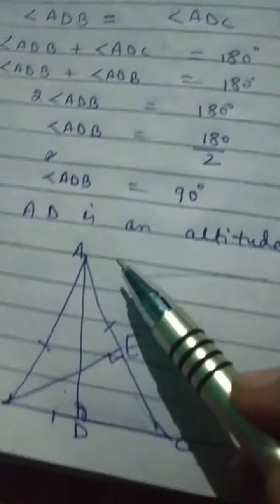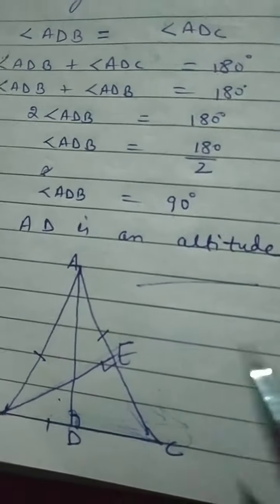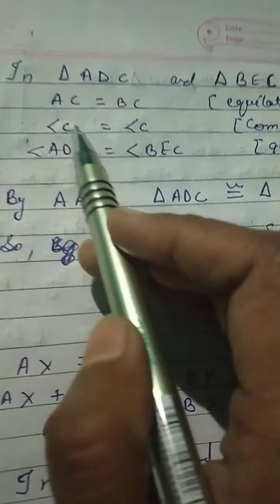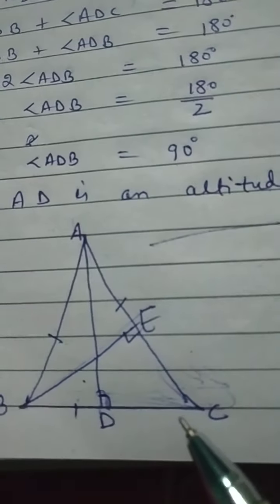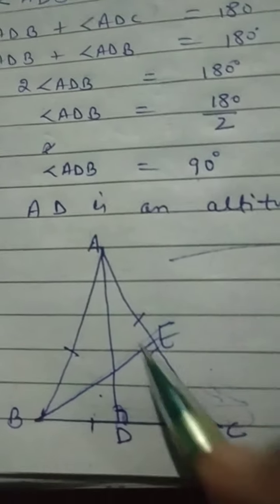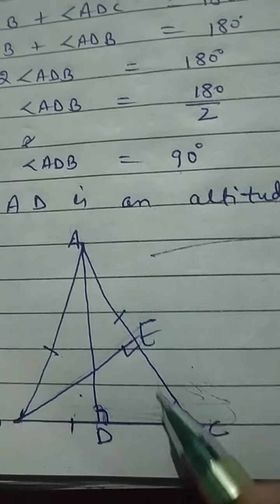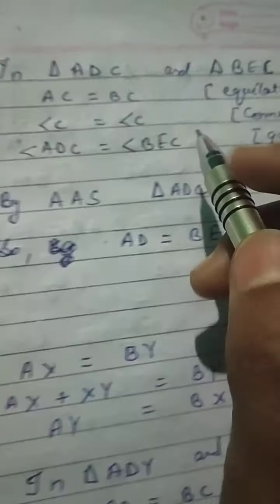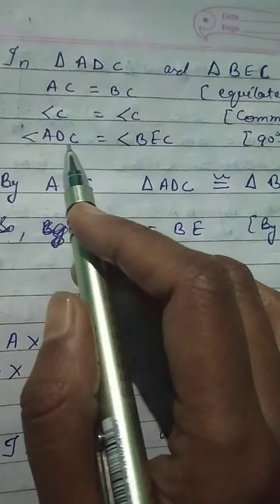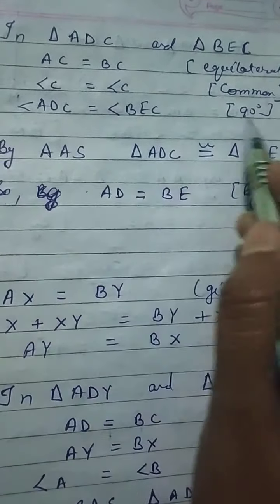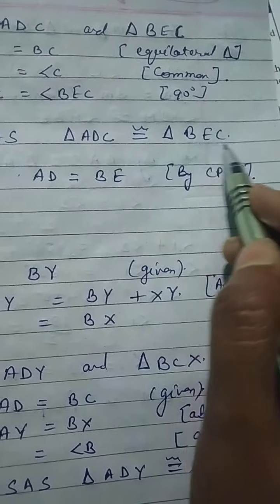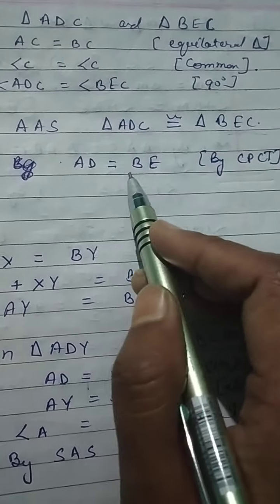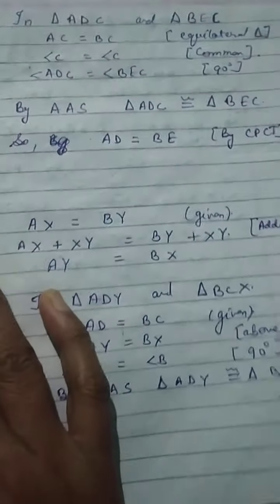All sides are equal. And you see angle C is equal to angle C. It is common. See the diagram, angle C is coming in this triangle also and in that triangle also. And angle ADC is equal to angle BEC, both are 90 degrees. So by angle side, triangle ADC is congruent to triangle BEC. So AD is equal to BE by CPCT.